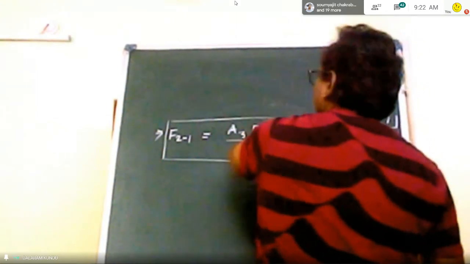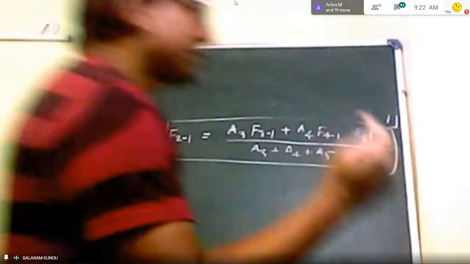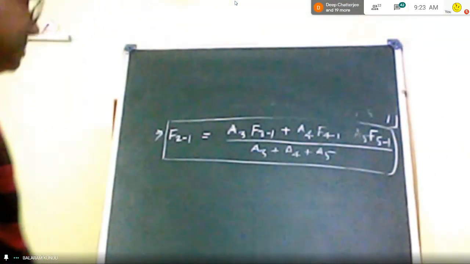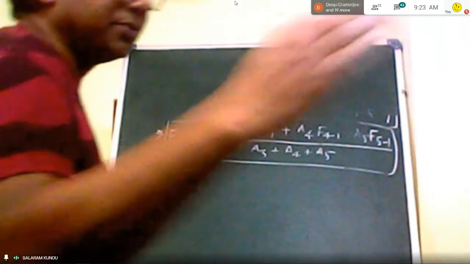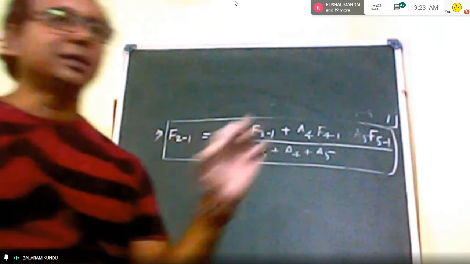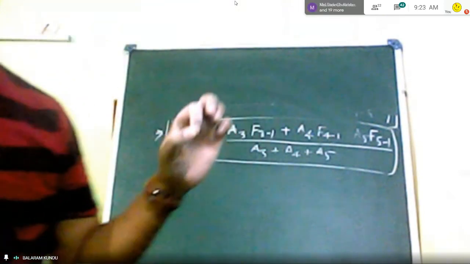Now we think about how many shape factors there may be. Say we consider n number of surfaces in an enclosure. So for an n zone enclosure, how many shape factors are required to calculate heat exchange between any two surfaces?